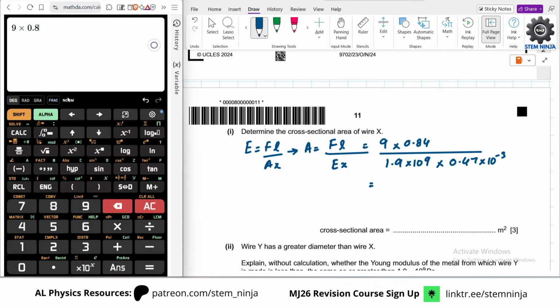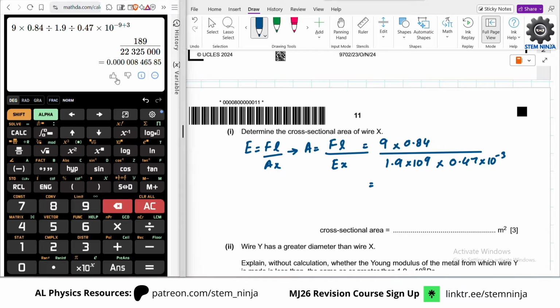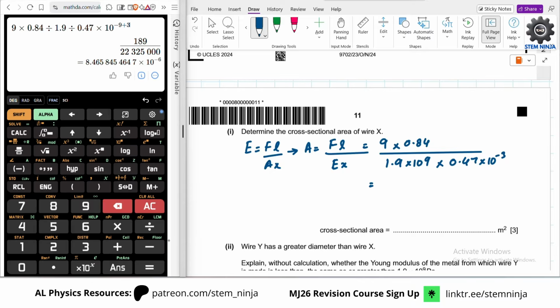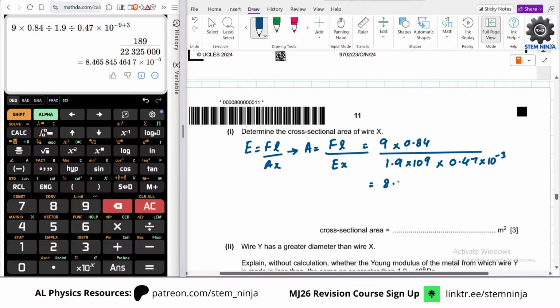So 9 times 0.84 divided by 1.9 divided by 0.47 times 10 raised to the power minus 9 plus 3. So we get a very long number. So let's turn it into standard form. This is 8.466 times 10 raised to the power minus 6, and that would turn into, for example, 8.5 times 10 raised to the power minus 6 meters squared.